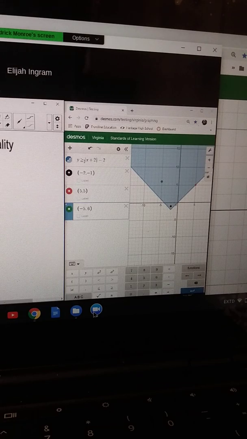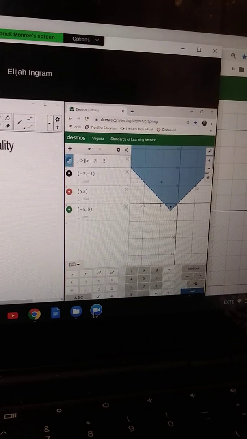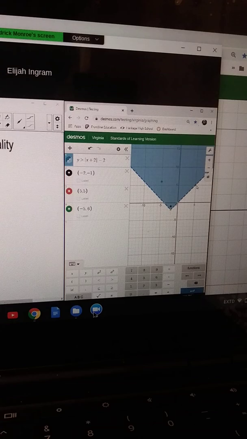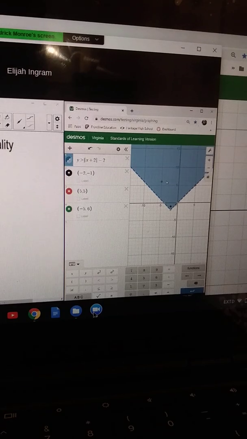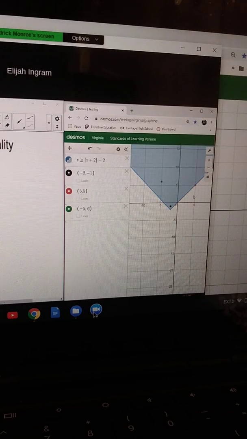However, if this line was dotted like this, it would not be a solution. So if the line is dotted, the only ones that could be a solution are the ones in the box. Okay? But since it is a solid line, we count it as well. Yeah, I got you. Okay.